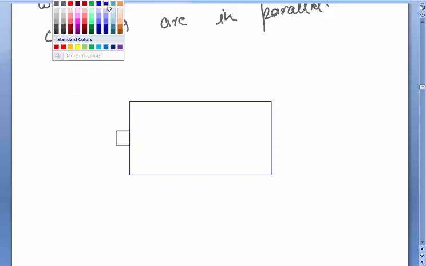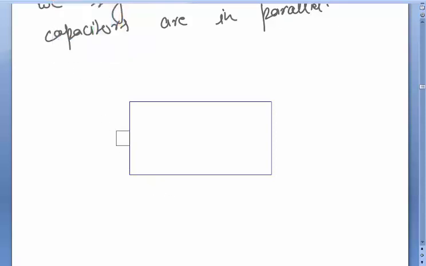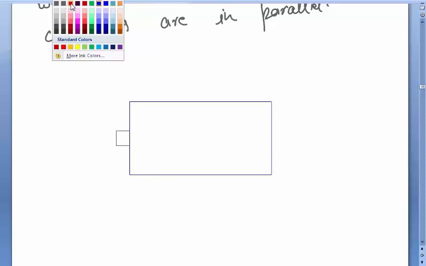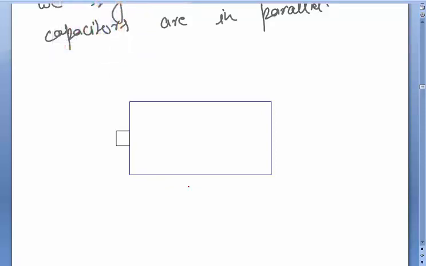If you see the rating of the battery, it will be written that it is of 1.5 volt or something like that. What does it mean? It means that the potential difference delta V between the positive terminal and the negative terminal is 1.5 volt.